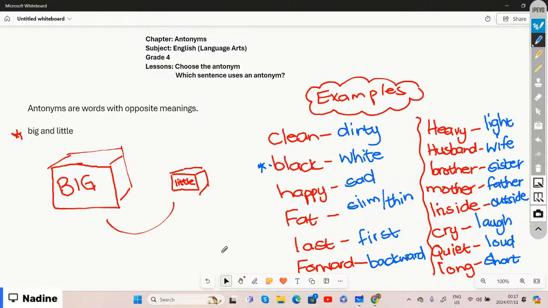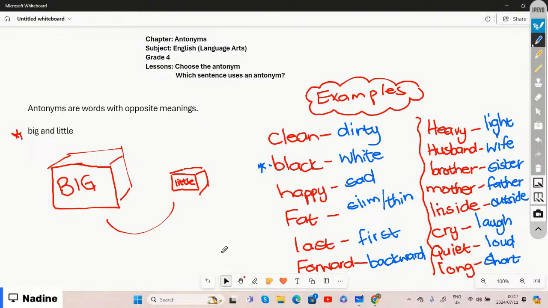Then we also have last, right? It's either you come last or you come first. It's either we are going forwards or we are going backwards, right? Or it's like saying we are in front or we're at the back.